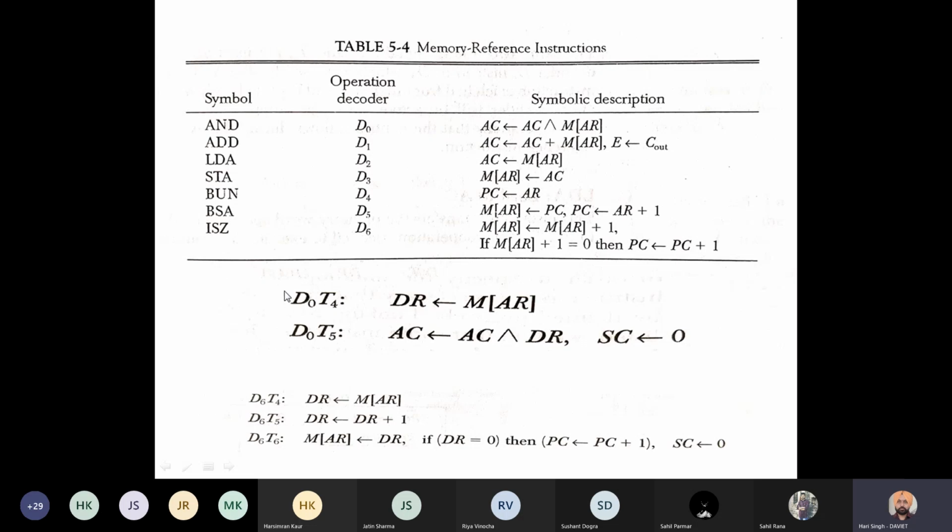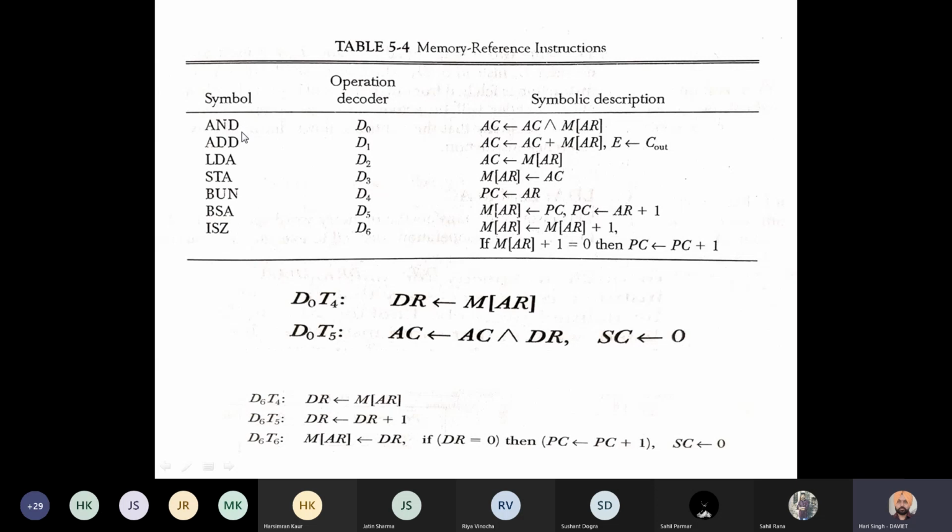So this AND instruction needs 2 micro operations. To complete its execution, the control unit will go through 2 micro operations. The overall operation is ANDing 2 bytes.